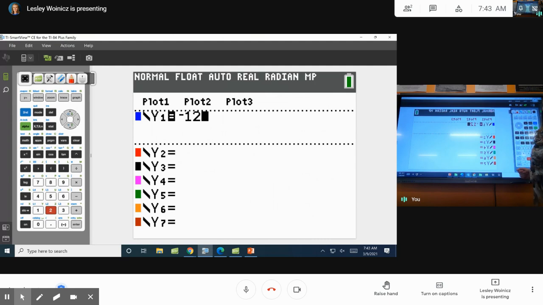Make sure you're using the little negative sign, not the subtraction sign. Open parentheses, 1 divided by 2, close parentheses, power caret x. Arrow out of your power, plus 2. Okay, there's a lot going on here. Now I'm going to go to my graph.